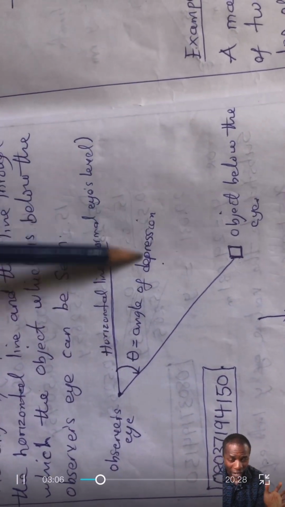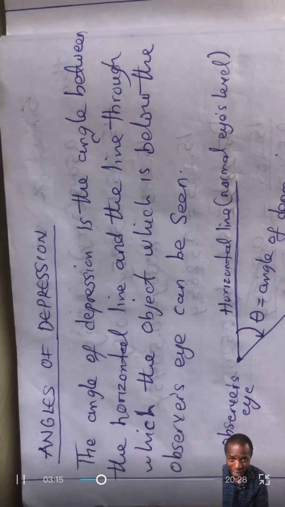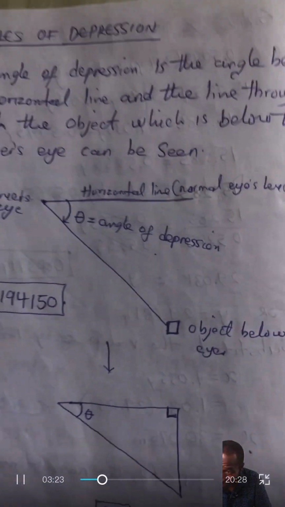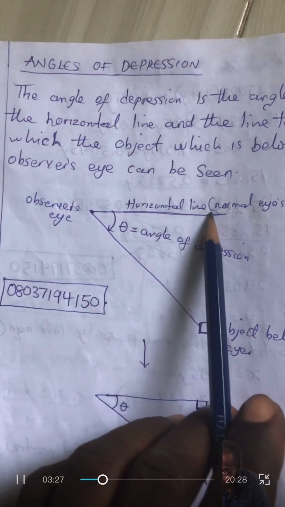And do not forget that angles are measured in degrees. So if you see any values in degrees, then those values are angles. Do you understand that now? So now look at the diagram I have here. You discover that we have the eye level, which is the horizontal line here.